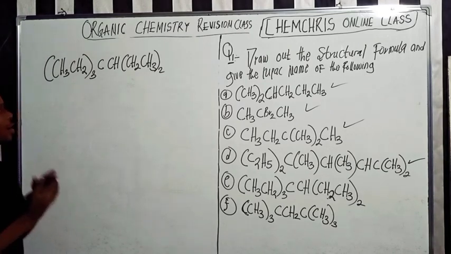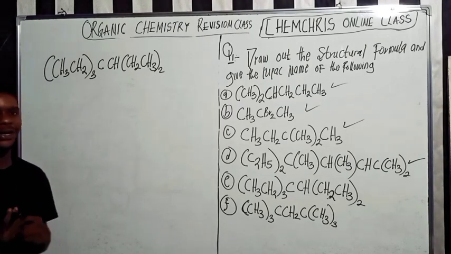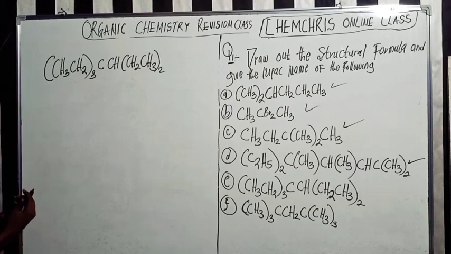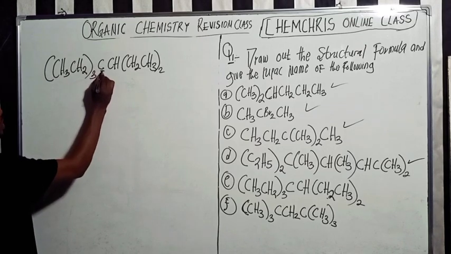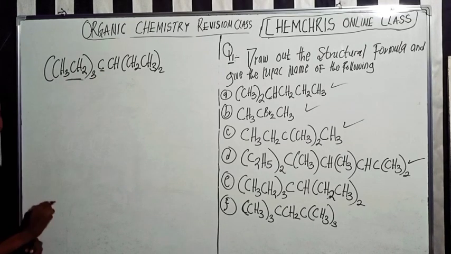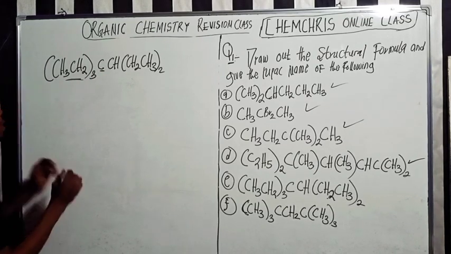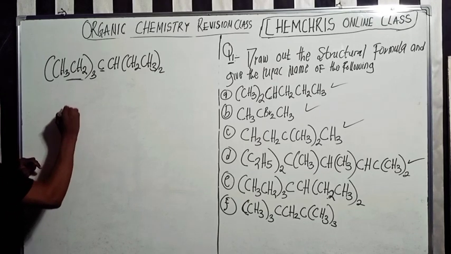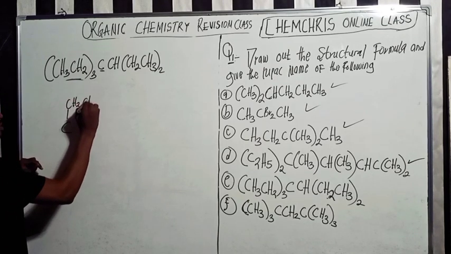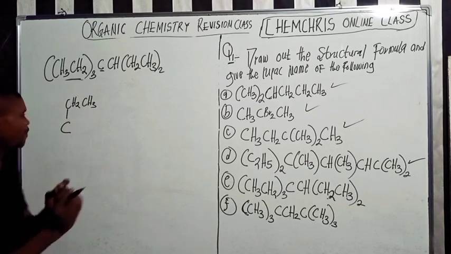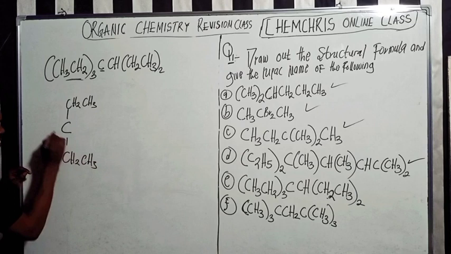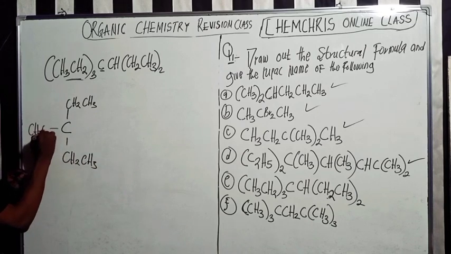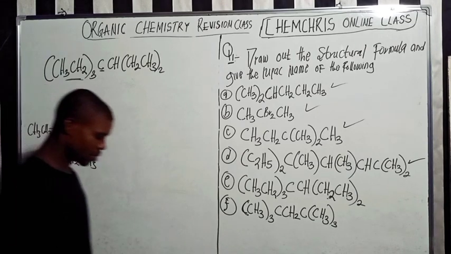Now, looking at this structure, what does your mind tell you? If you have been following what I'm doing, you will find that this carbon atom here is carrying 3 ethyl groups. So this carbon here has CH2, CH3, CH3 and CH2.